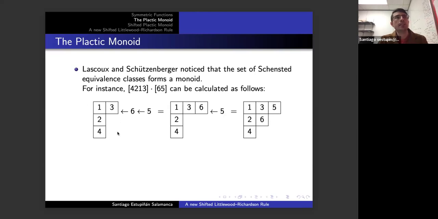The way that you define a multiplication on this monoid is you multiply 2 tableaux by finding the reading word of the second tableau, and then inserting subsequently all of those letters in the first tableau. So in this case, the multiplication of 4, 2, 1, 3 with 6, 5 is this tableau. And this is associative, so it's a monoid.